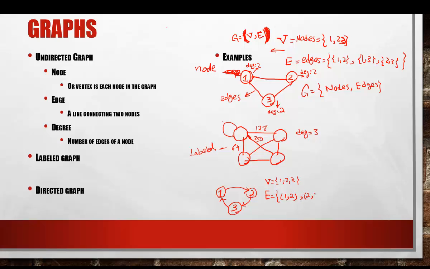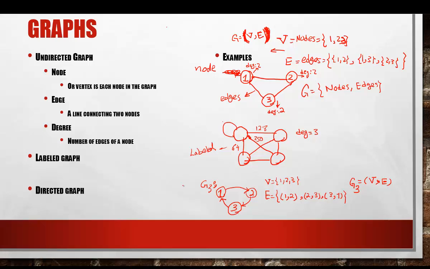So then my graph here, G sub 3, will be equal to this. And so that's how you represent a directed graph.